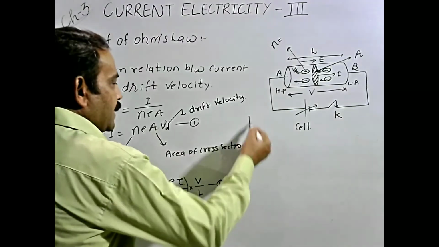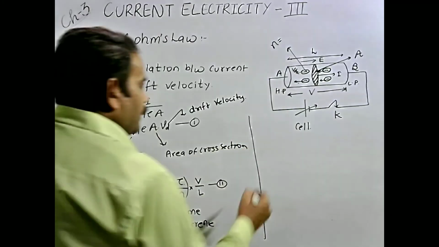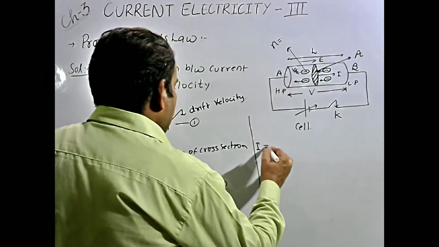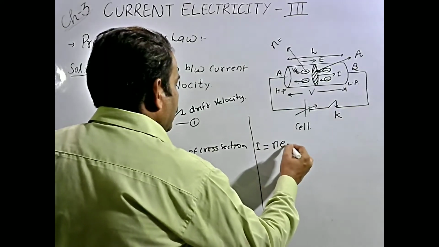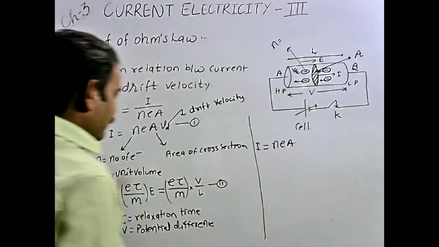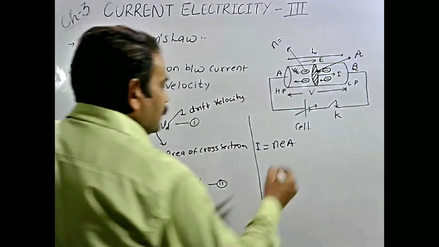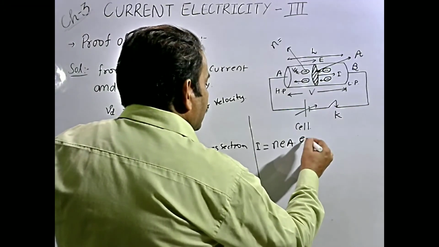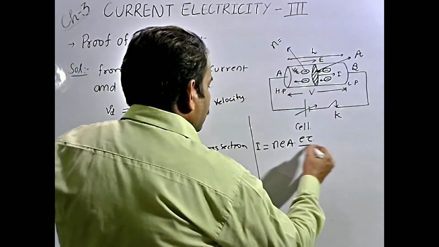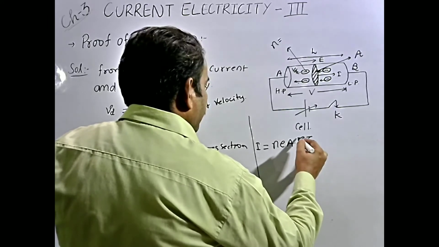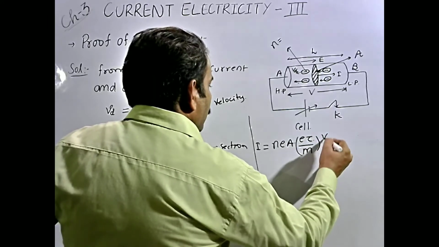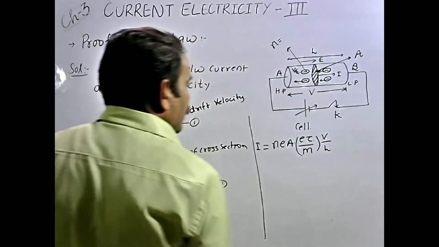Now put this value in the first equation, so we have I is equal to nEA, and the value of Vd is equal to e tau upon m into voltage upon length of conductor.